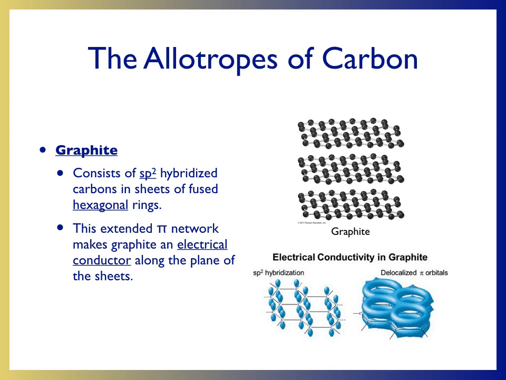But if you look at the picture on the bottom right-hand side of the slide, you'll see an extended pi system, where the p orbitals on each carbon in a graphite sheet fuse together to form one big pi bond that spreads out throughout the entire sheet. This allows electrons to move easily across the sheet, making graphite a very strong conductor. We know this because we've used graphite as electrodes in our electrochemistry unit.